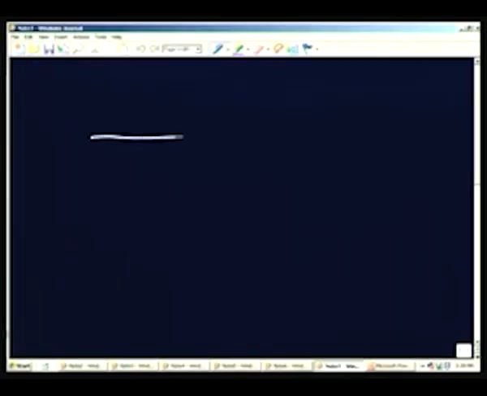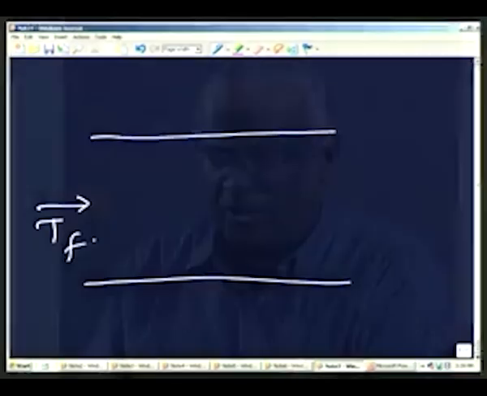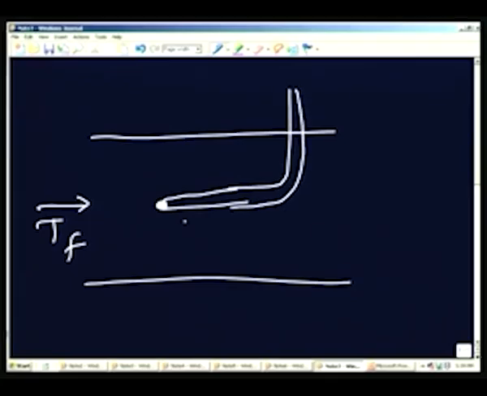So, you have the tube which is carrying the fluid, whose temperature I would like to measure. I can actually make the probe like this. That means that the length of the probe effectively is this length.